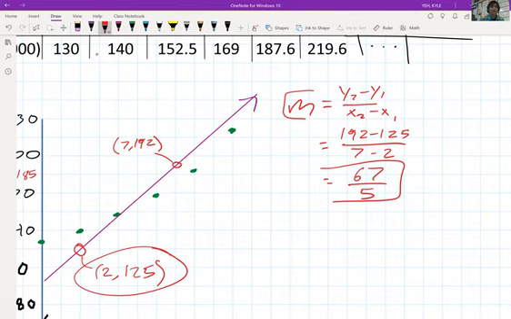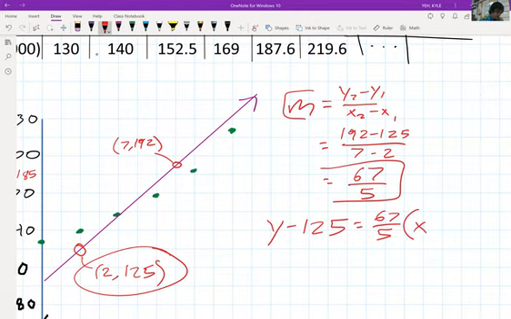But if you remember from last section, we said we can start in point-slope and we can translate that to slope-intercept pretty easily. And so what I just did here is I wrote out my y minus y1, that 125, equals m, which I just calculated, times x minus x1, my x coordinate from that point.